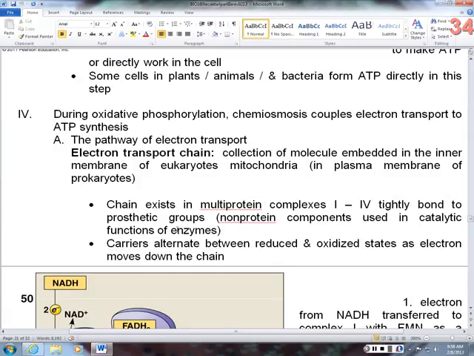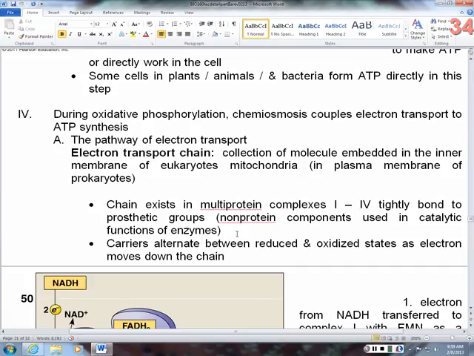So that's what we do in the next step: we use chemiosmosis to do this in oxidative phosphorylation. And it's your electron transport chain. It's in your mitochondria. It's a collection of molecules that are embedded in the membrane that are literally going to pass electrons down this chain.